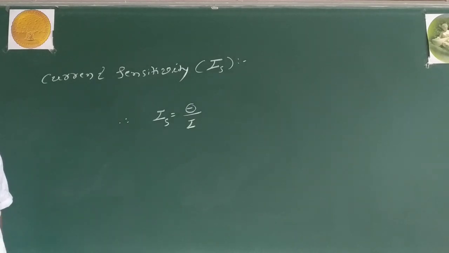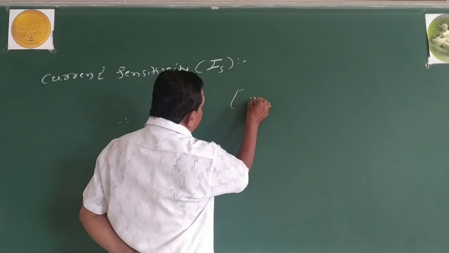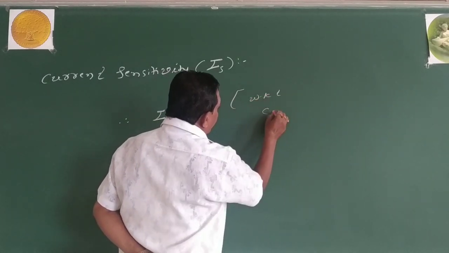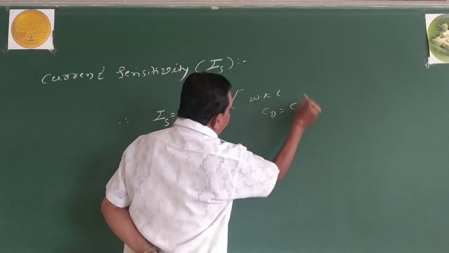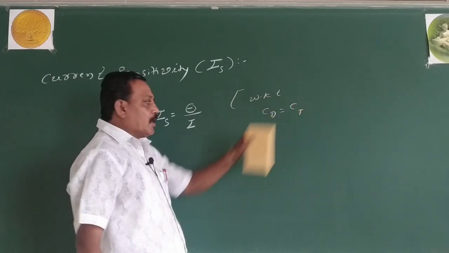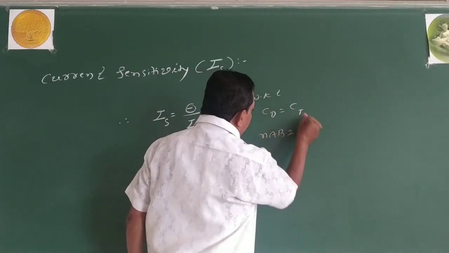Then what is the equation for theta by I, the current sensitivity? We know that CD equals CT, the balancing condition. The sum of the clockwise moments is equal to the sum of the anti-clockwise moments. CD equals NABI, and it equals C into theta.